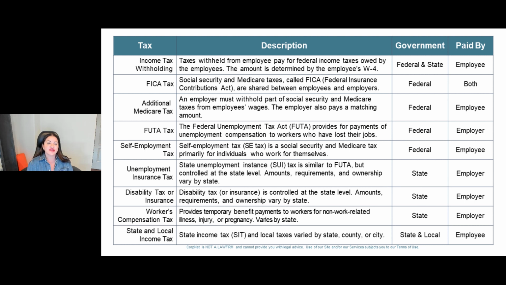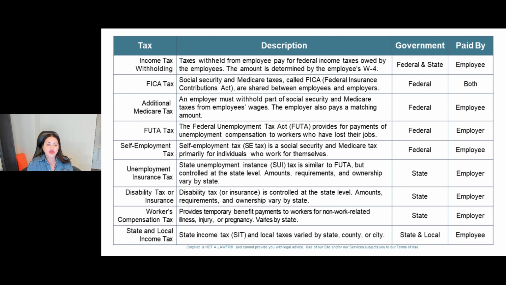So as you can see, for example, the FICA tax, which is a combination of the Social Security and Medicare tax, where FICA stands for the Federal Insurance Contributions Act, is shared between the employees and employers. It's a federal tax and it's shared by both the employer and the employee.